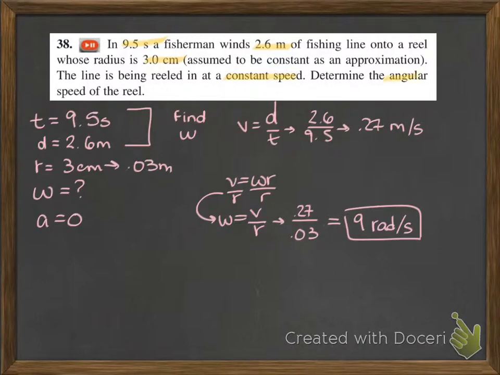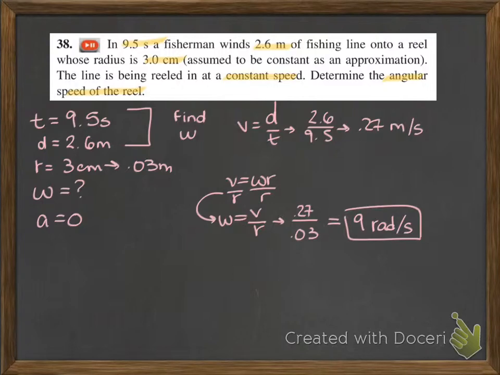Determine the angular speed of the reel. So we have time as 9.5 seconds, the distance is 2.6 meters, the radius is 3 centimeters, which we'd put into meters, so 0.03 meters. We know that it's at a constant speed, so the acceleration is going to be 0, and they're asking us for omega.